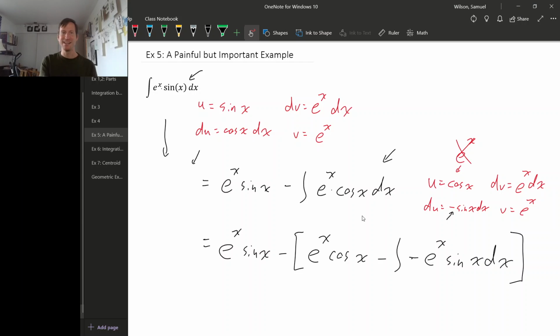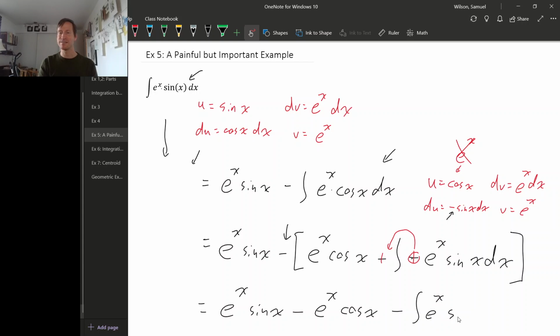Okay, now we can take this minus sign, take it outside of this integral, and make these pluses. So what we get is e to the x sine x minus e to the x cosine x minus, now I'm distributing this minus sign, minus the integral of e to the x sine x dx.